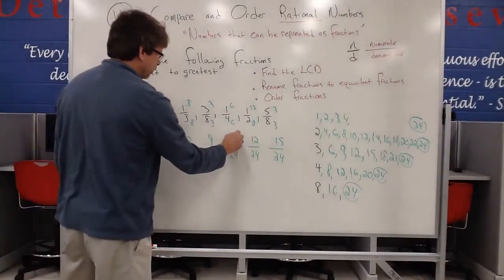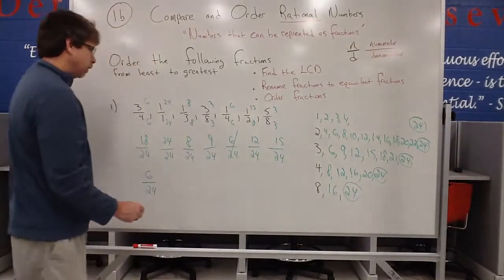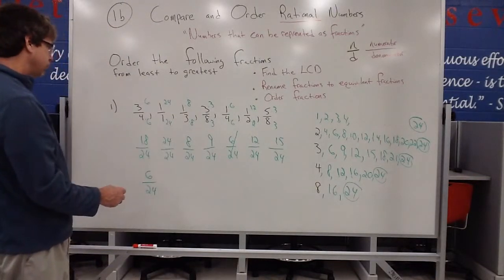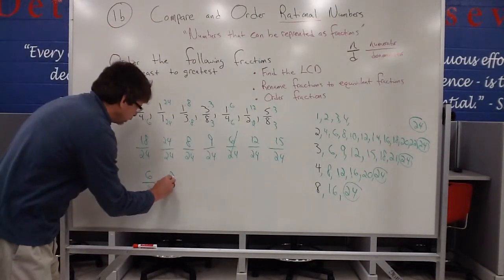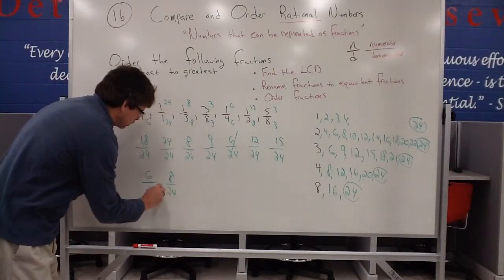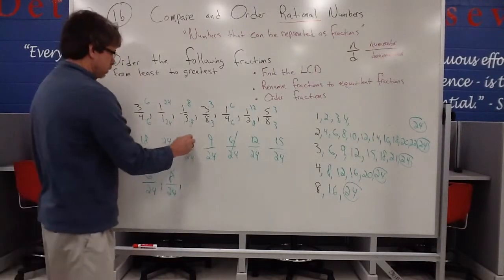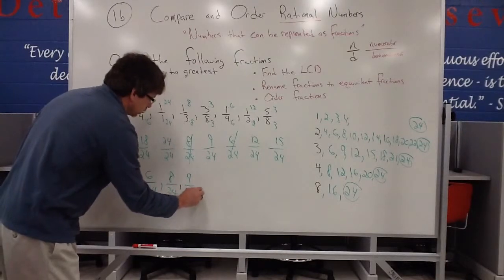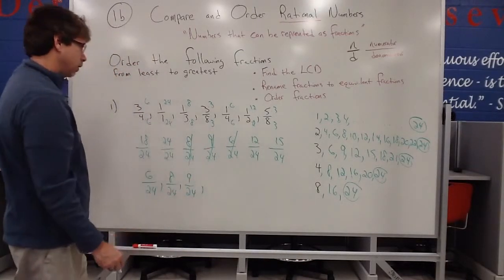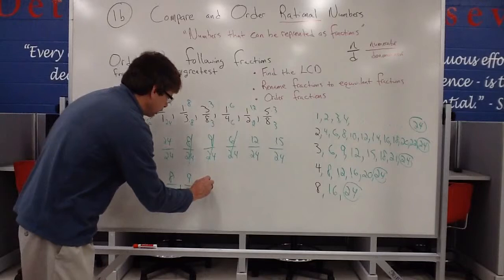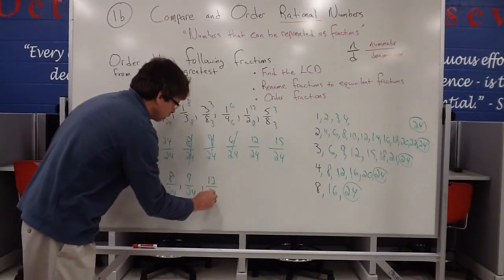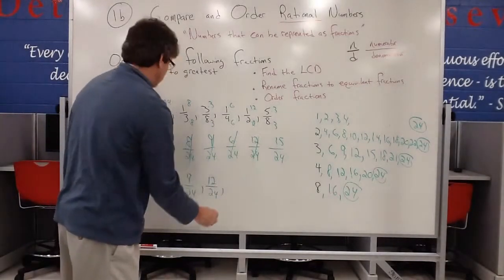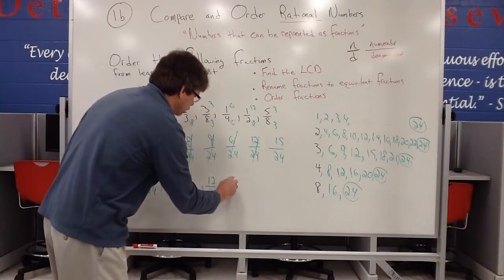So I've kind of done him. Now it looks like the 8 24ths is next. So he's gone. 9 24ths will be next. Looks like 12 24ths would be next. 15 24ths.